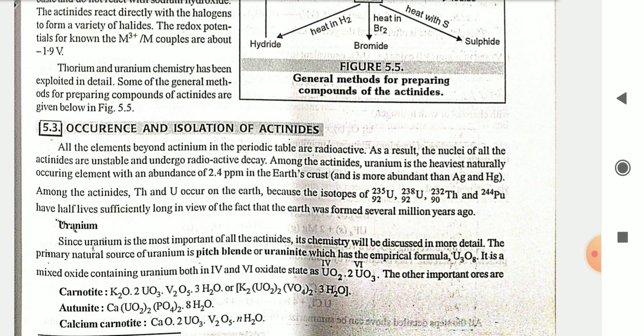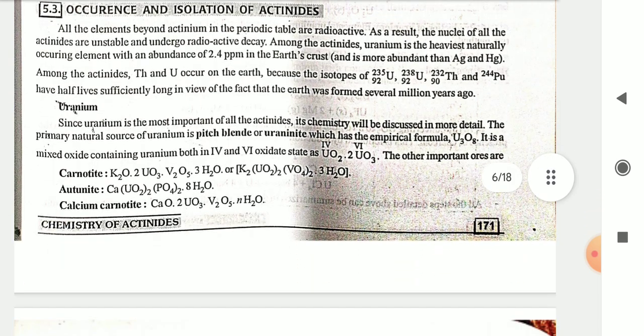The important ores are carnotite, K2O·2UO3·V2O5·3H2O, or K2(UO2)2(VO4)2·3H2O. Autunite, Ca(UO2)2(PO4)2·8H2O. Calcium carnotite, CaO·2UO3·V2O5·nH2O.